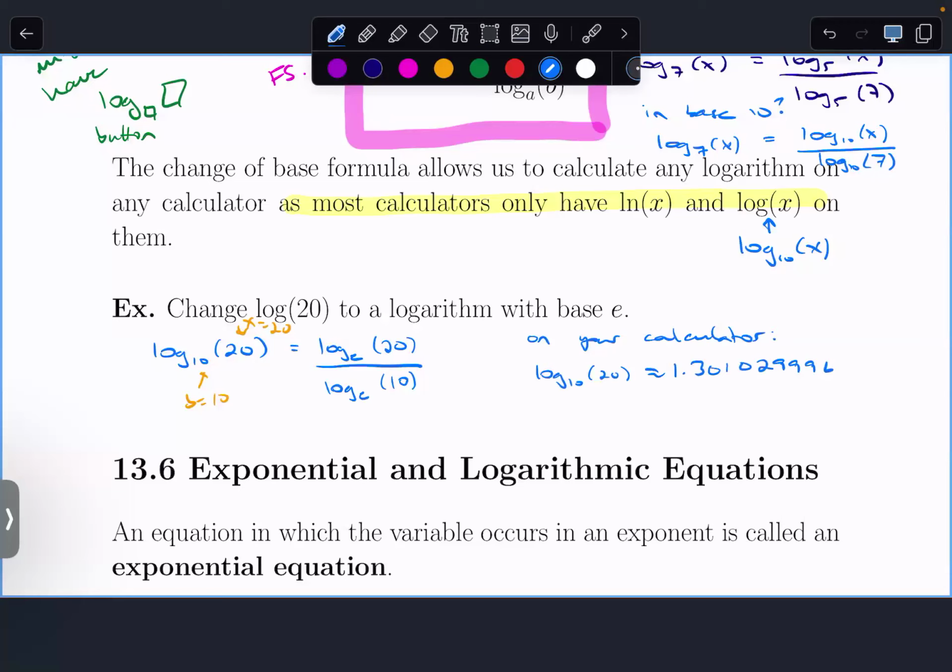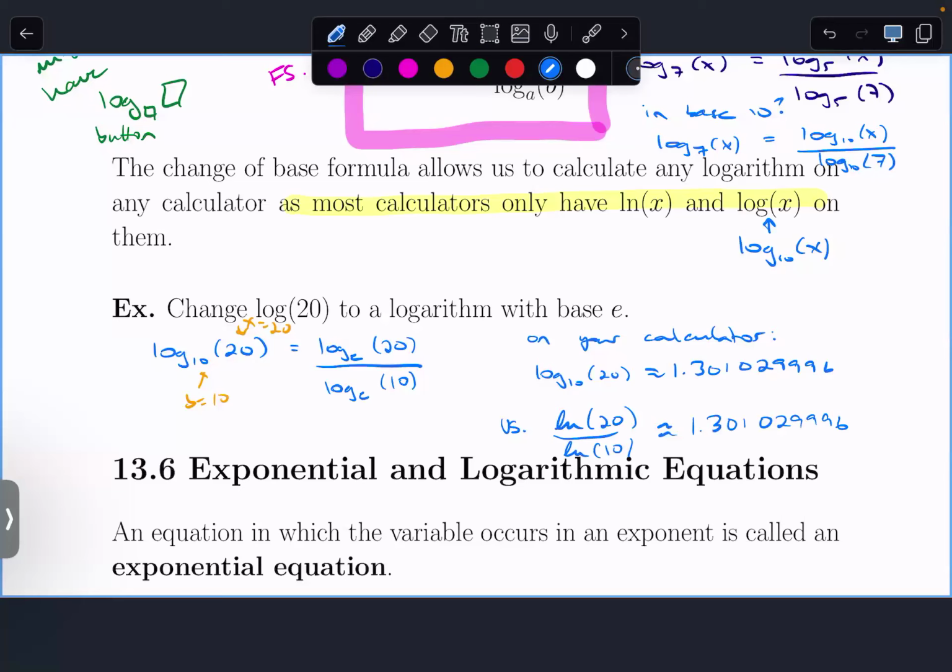But let's do log base E. So the natural log of 20 divided by the natural log of 10, which is also 1.3010299996. So they're the same, and that's the point. Just keeping them the same.